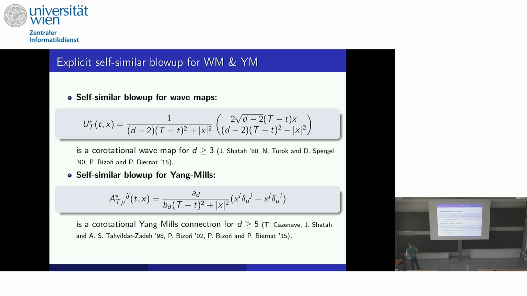One remarkable feature that I have to stress about these solutions is that the blow-up only occurs at the origin. Only at x equals 0 you will see the blow-up, and everywhere else this solution is perfectly smooth and well-defined.